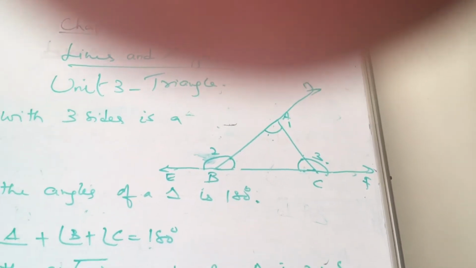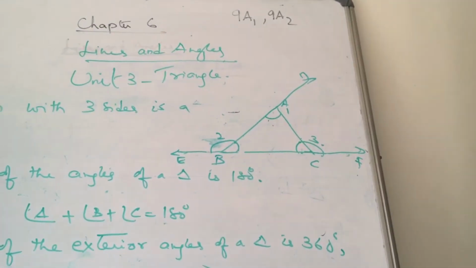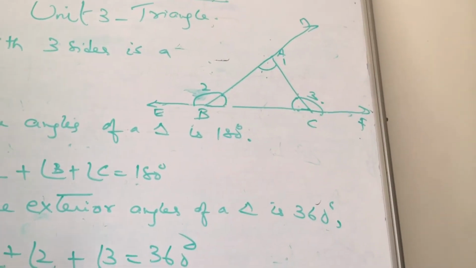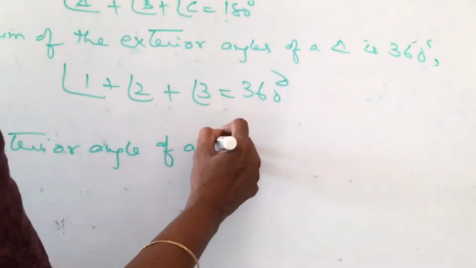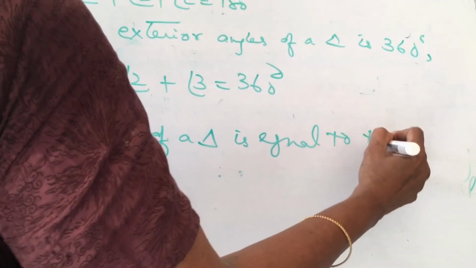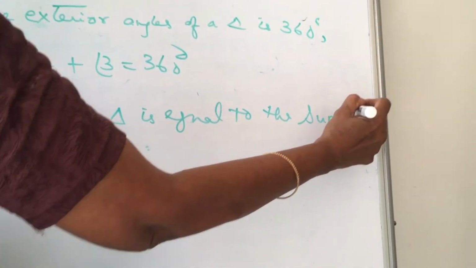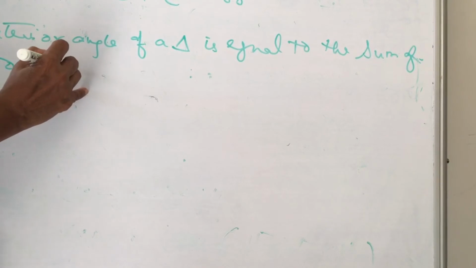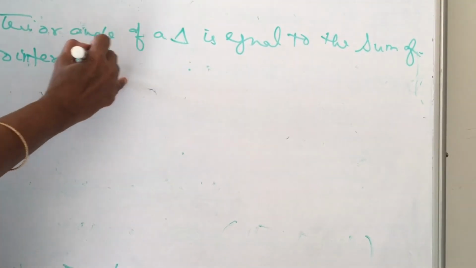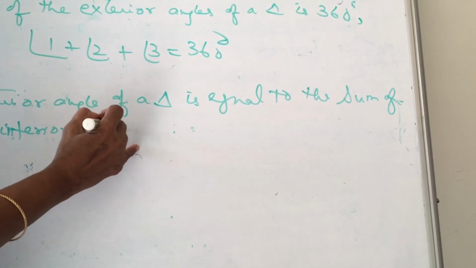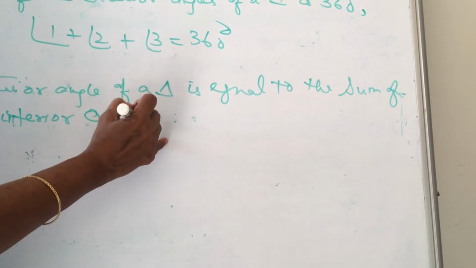Fourth, the exterior angle of a triangle is equal to the sum of the 2 interior opposite angles.